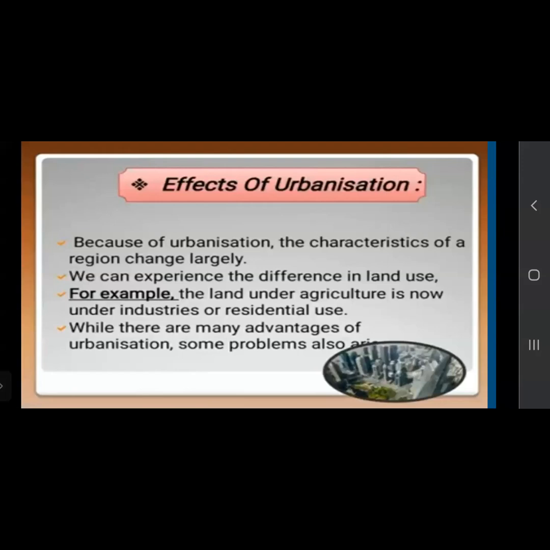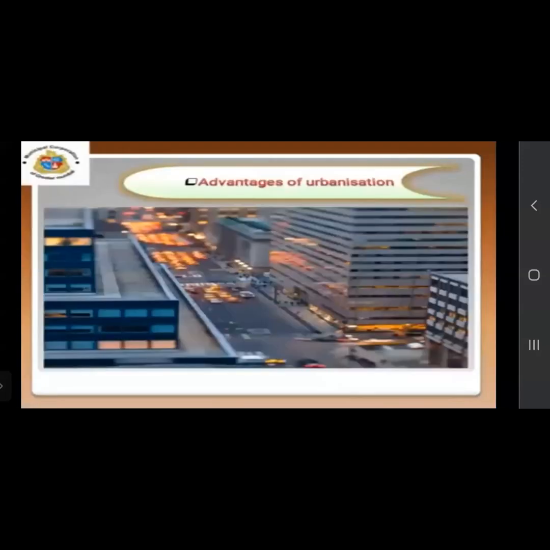Some problems are also created by the process of urbanization. So now we'll see first the advantages. You can see in the picture big buildings, roads, and vehicles running everywhere. It is a very glamorous picture, and you can see how much progress has been done.